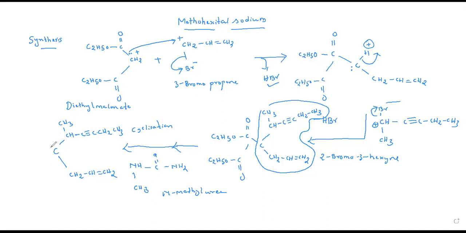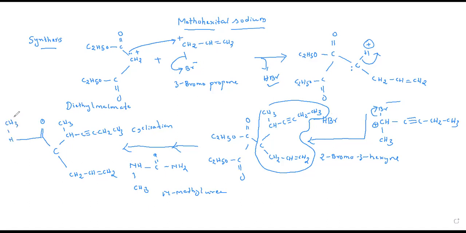Then what will you get now? You have this C double bond O, so you can write C double bond O, followed by NCH3.